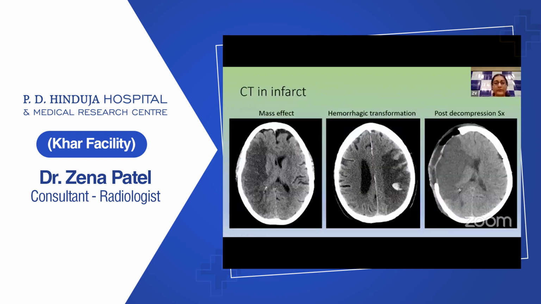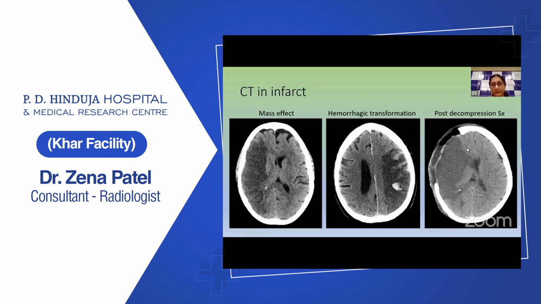So what is the role of CT then in infarct? Yes, CT is done, as I showed you earlier, when patients come with stroke in an acute setting; you can do a CT with an angiography. But apart from that, whenever there is an established infarct and you want to see whether there is any mass effect, whether there is any midline shift, what the changes are on follow-up, or if you've thrombolyzed and you want to see if there are any hemorrhagic transformation areas, that is all possible on the CT scan.